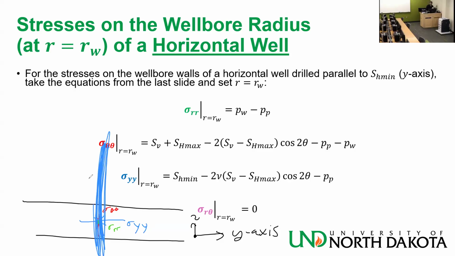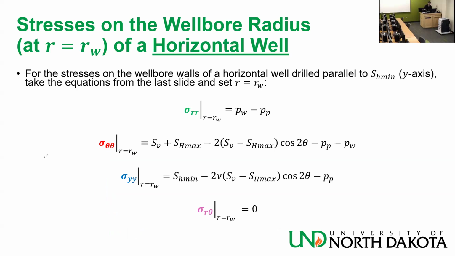The well is like this, the fracture is like this, or like this. Still transverse. That means I need to look at both stresses, sigma theta theta and sigma yy, and the tensile fracture from there.